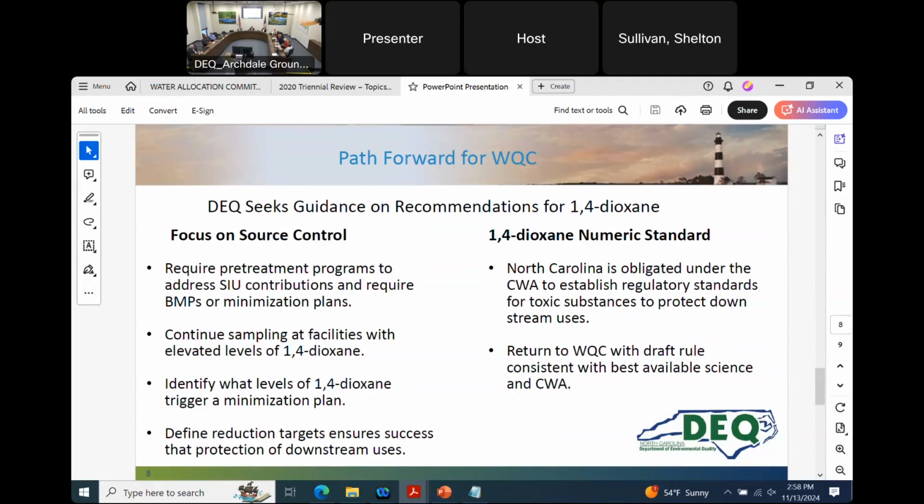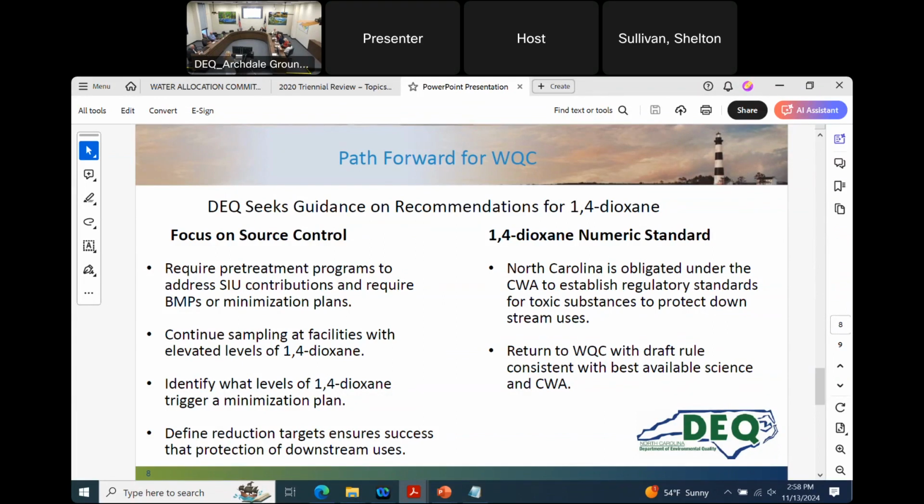Is that correct? That's correct. So yes, this minimization is a natural progression of this whole process through the permitting, the SIU programs, et cetera, as was demonstrated with the Greensboro SOC. So am I expressing that correctly?